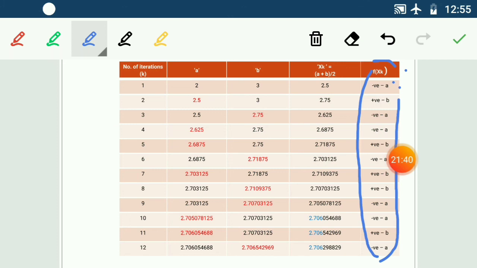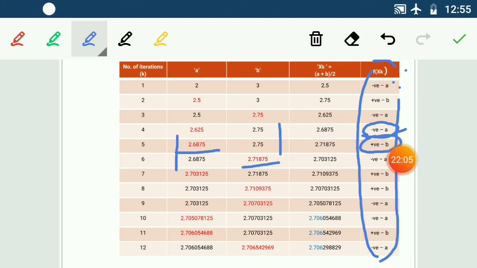So suppose for this 4th iteration f of x is negative, so we have changed a in the 5th iteration, and b is same. Okay, and here similarly we can see f of x is positive, that means b is going to change in the next iteration, and a is similar. So this is our process.